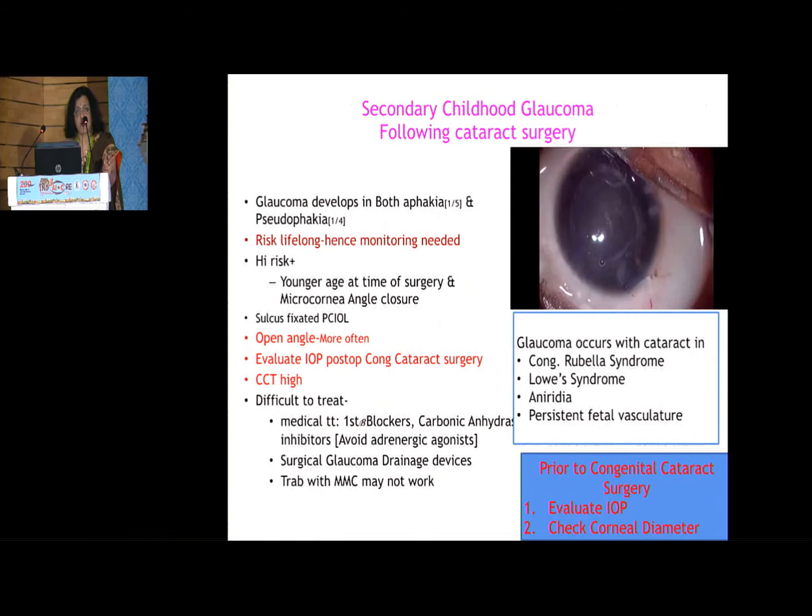If there is microcornea, again, that is a predisposing factor to glaucoma. When we have a sulcus fixated IOL, then again, you have more chances of having glaucoma. This glaucoma is more often open angle.